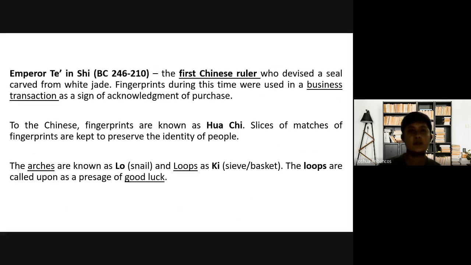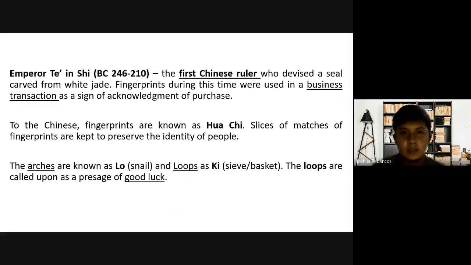Slices or matches of fingerprints are kept to preserve the identity of people. So, hindi sila nag-slice. Ang ibig sabihin niyan, may mga specimen sila ng fingerprints ng mga tao. The arches are known as law or snail. Meron tayong picture mamaya.